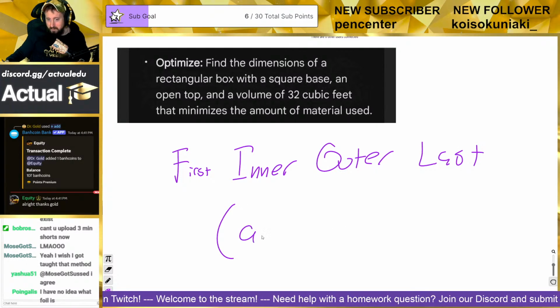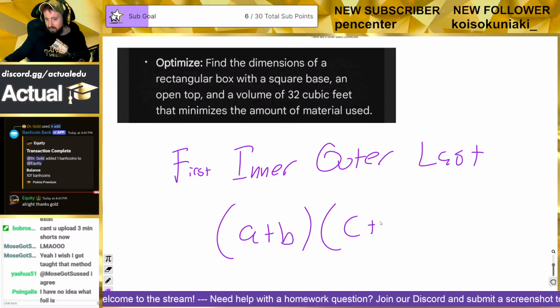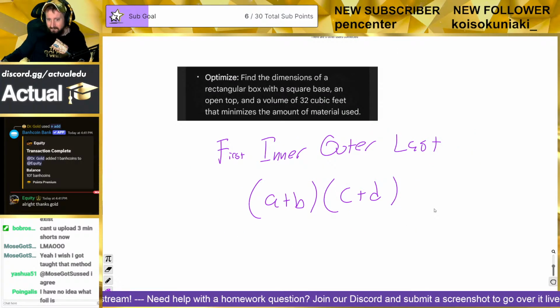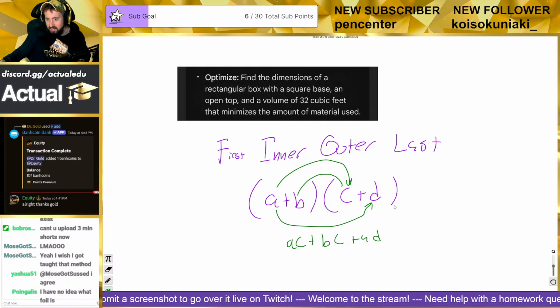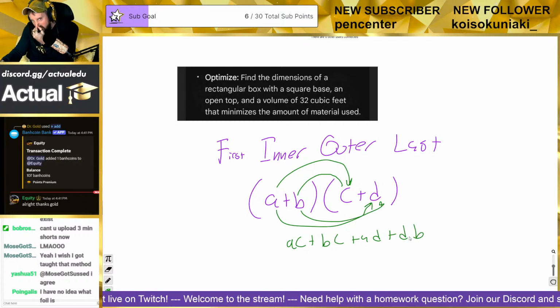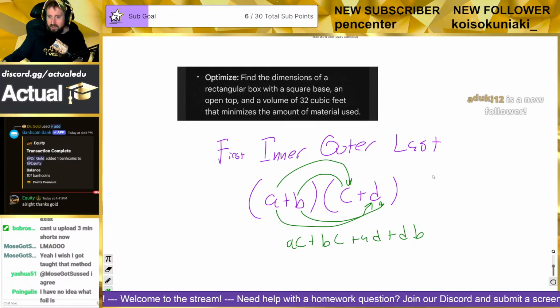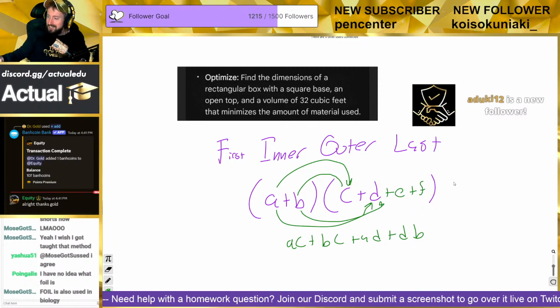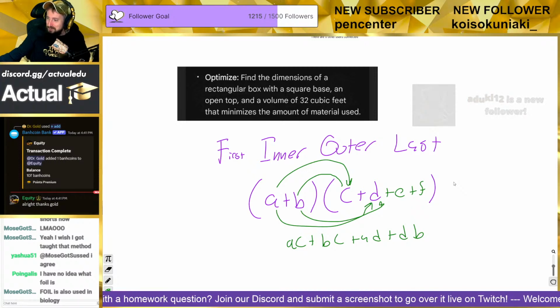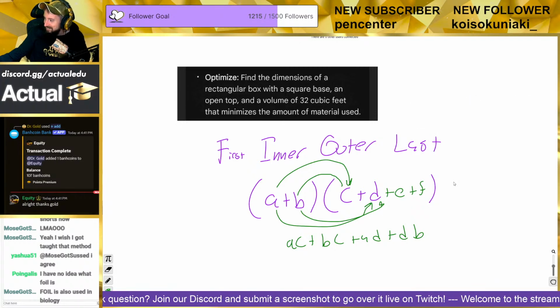So I think what happens if you have A plus B times C plus D, they do A times C, so that's the first ones, AC, inner, B times C, and then they do the outer, which is A times D, and then the last, which is D times B. I think that's what first, outer, inner, last is. But then again, this doesn't really work if you start doing this. Because then it's like, uh-oh. Which ones, how many inners do I have?